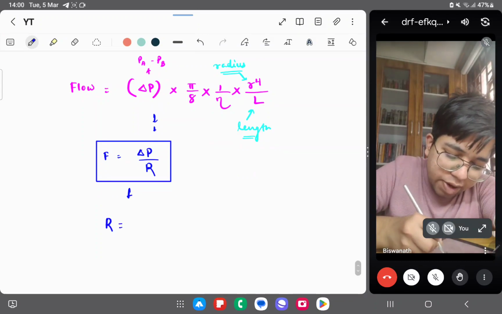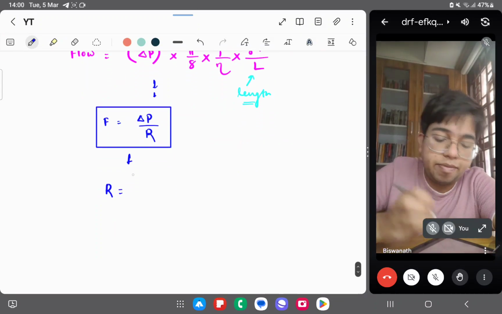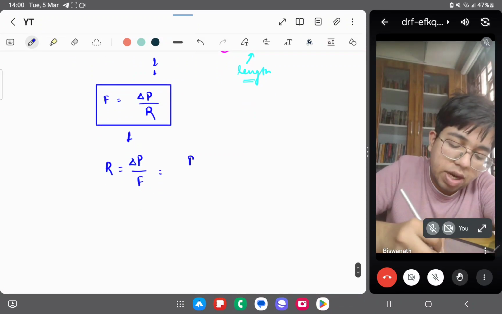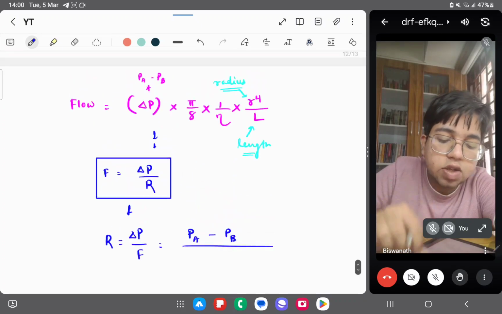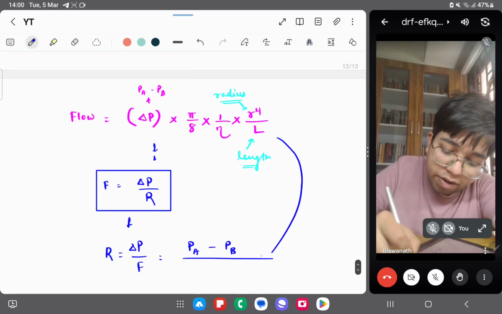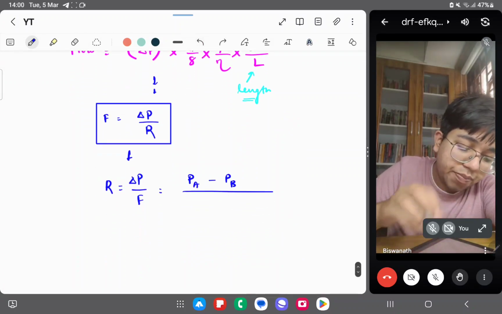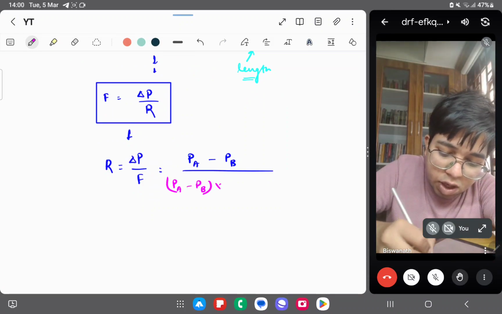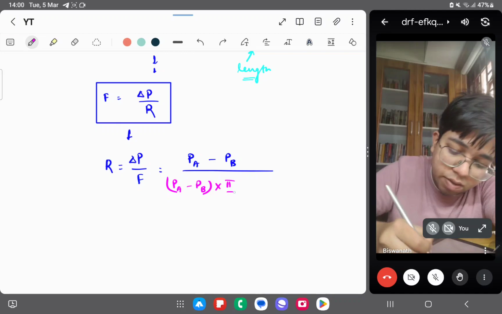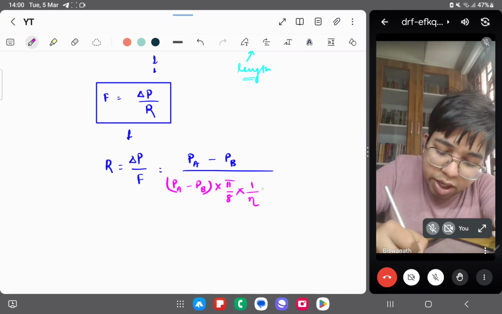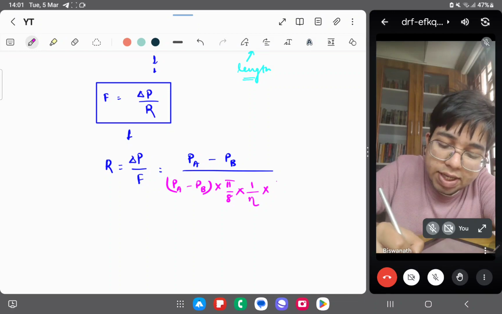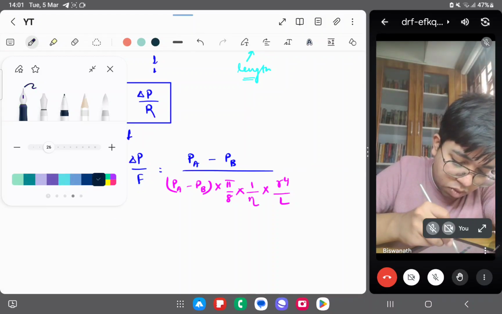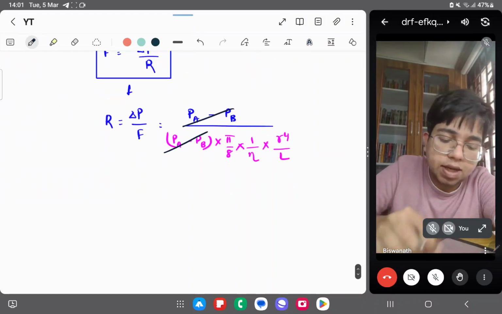So this R will be given by pressure by flow. So del P, that means PA minus PB, and in the place of flow, I will substitute this whole thing, that is PA minus PB multiplied by pi by 8 multiplied by 1 by nu multiplied by R to the power 4 by L. Cancel.